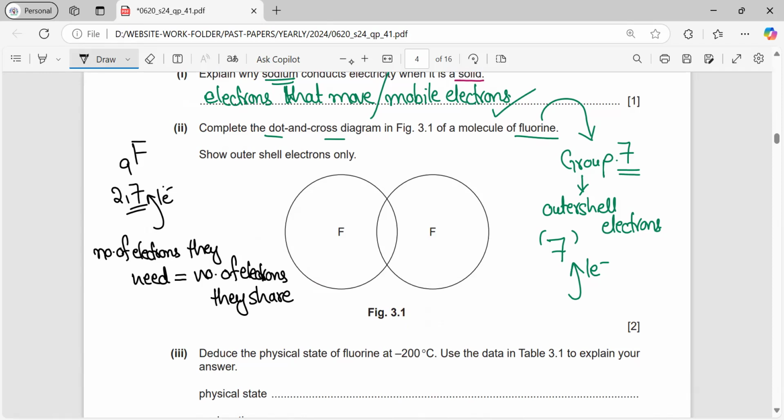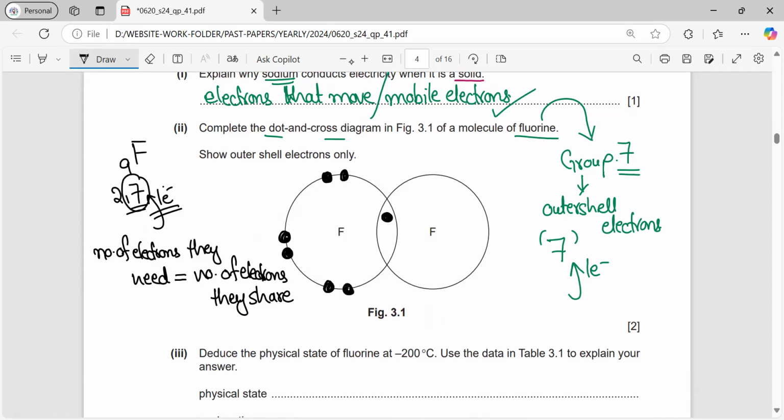So as we can see, the fluorine needs 1 electron to get completed. So out of its 7 electrons, it will share 1. So one of the electrons will be in the shared area and the rest of the 6 electrons will be outside. They will form unshared pairs of electrons.